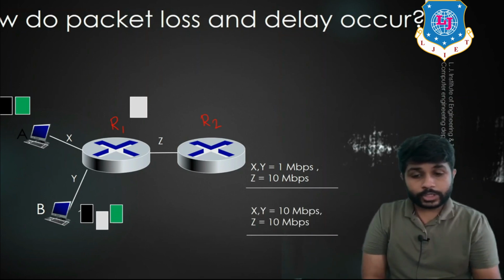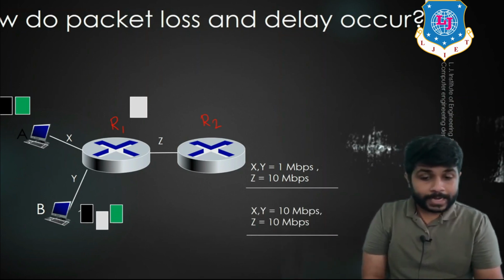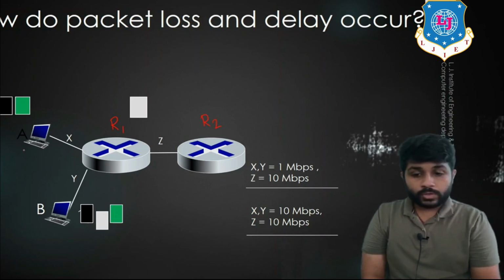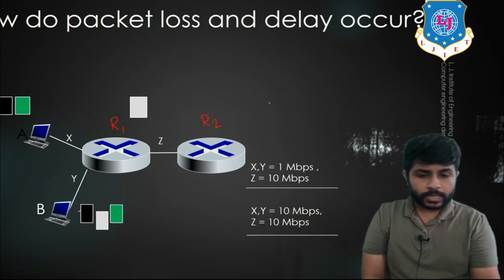Now let's consider the second situation. In the second situation, X and Y are 10 Mbps and Z is 10 Mbps. Suppose B is sending some data to another computer over the internet. B can send data to R1 at 10 Mbps, because the link Y can transfer 10 Mbps.